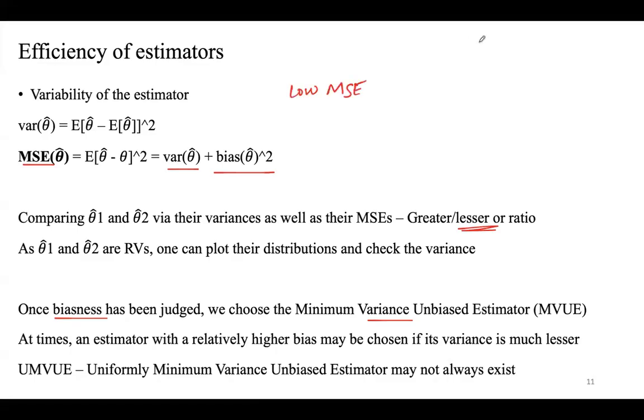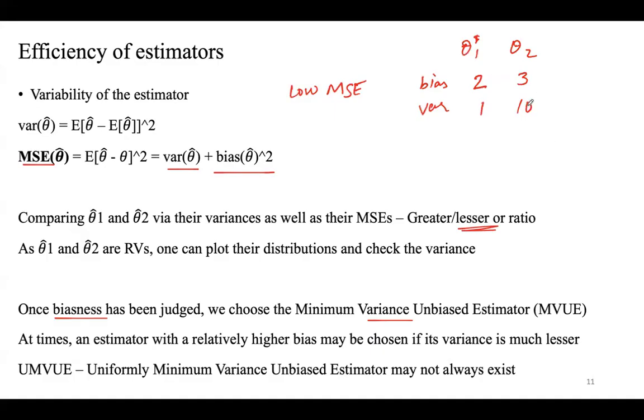Let's say in the case of theta 1 and theta 2, the bias is 2 and 3, but the variance here is say 1 and here it's 10.